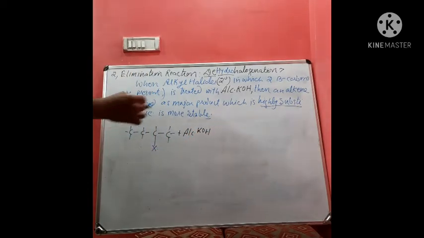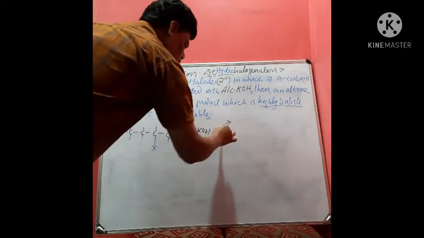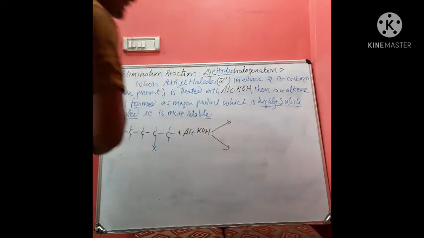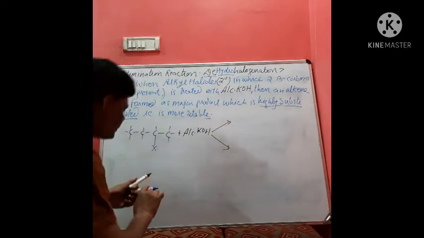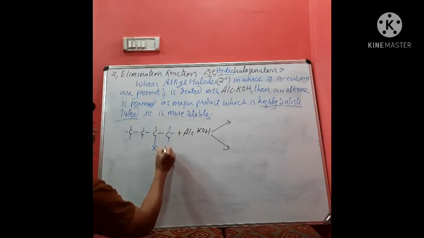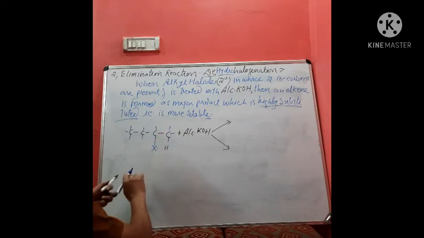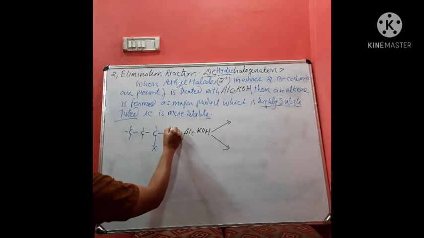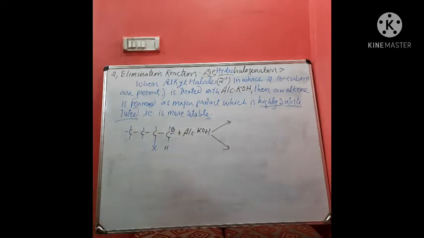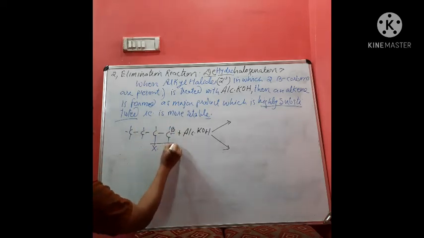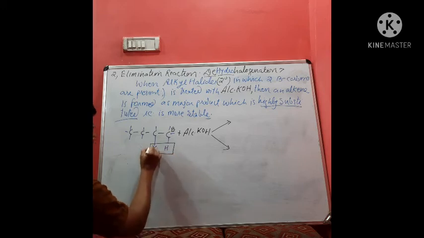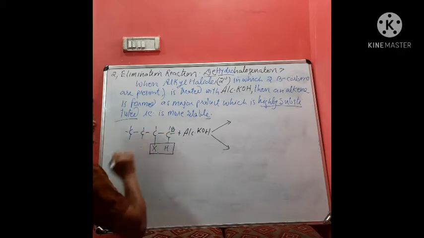Okay, when it reacts with alcoholic KOH, now there are two options. The first option is the H can be released from the right hand side beta carbon. That means in the reaction H and X are getting eliminated, that is from the first position.